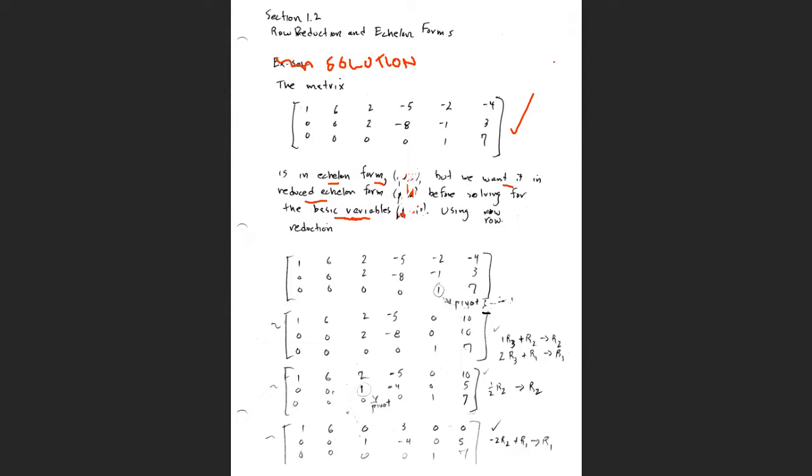So when we do the backward phase, for this problem the forward phase has already been done to reduce the augmented matrix into echelon form. That's this form. But now we want to produce zeros in these spots. This is the backward phase.